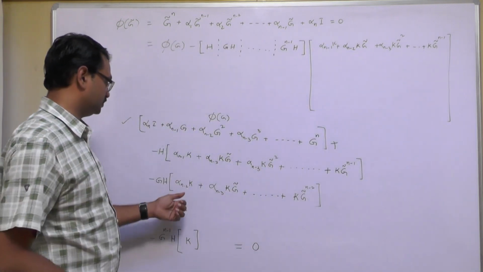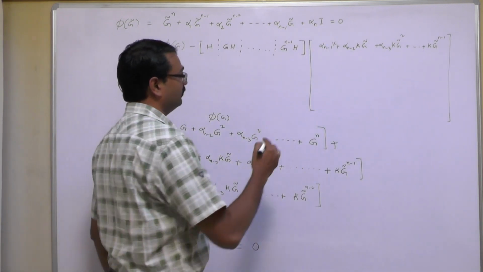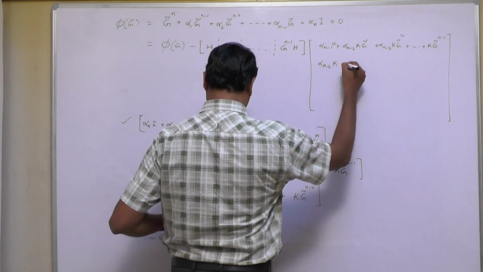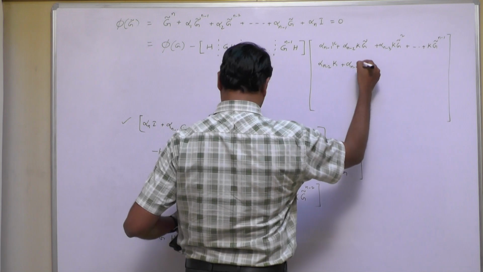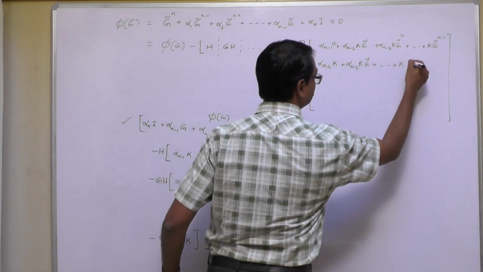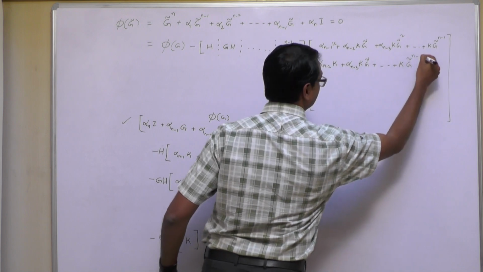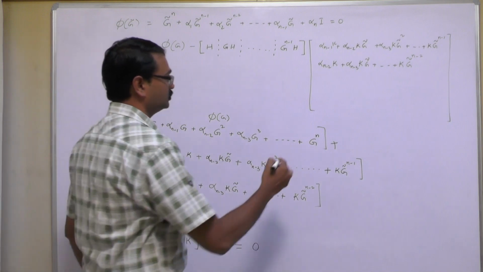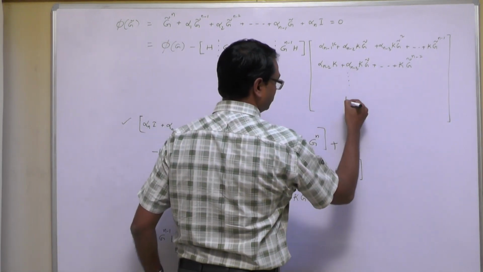Right, the first term. Then we have the second term, alpha n minus 2 K plus alpha n minus 3 KG bar plus so on plus KG bar power n minus 2. We are reducing the number of factors and so on, we can get this as K.